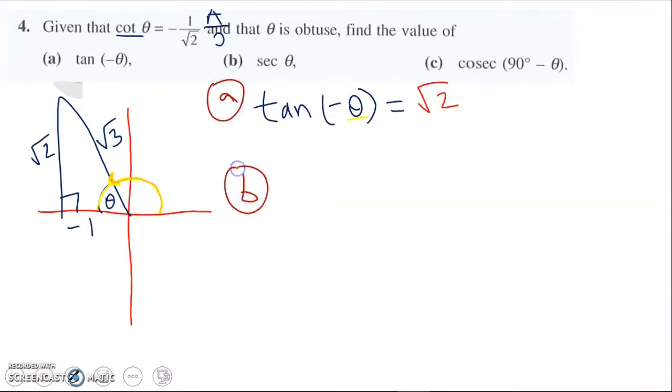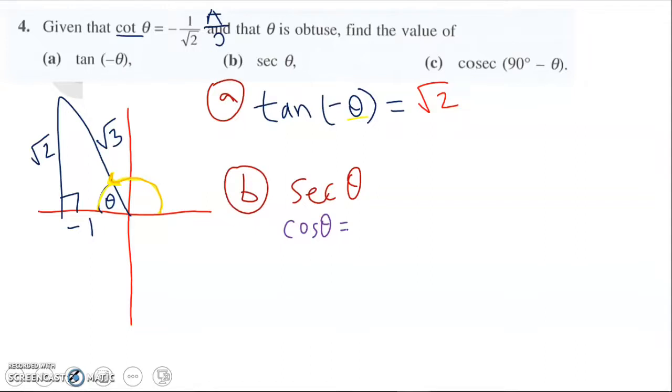So for B, it's simply asking us secant theta. So we can go back to the original diagram. Secant theta, again, remind yourself what secant actually is. Secant is simply just the inverse of cosine. So maybe it'll help you to find what cosine theta is first before you tell me what secant is.